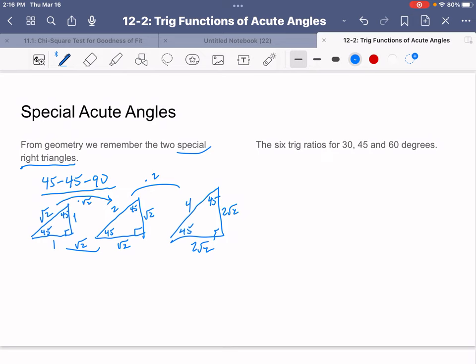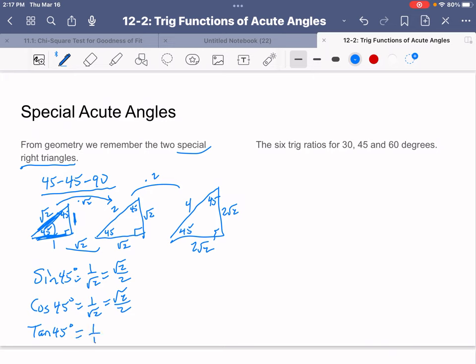Okay, what is the sine of 45 degrees? Well, if I use this triangle, opposite over hypotenuse would be 1 over the square root of 2, but I'd have to change that to the square root of 2 over 2. The cosine of 45 degrees is adjacent over hypotenuse, also 1 over the square root of 2, or the square root of 2 over 2. The tangent of 45 degrees is 1 over 1.